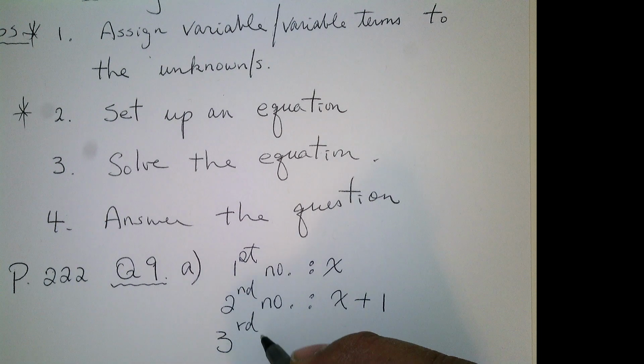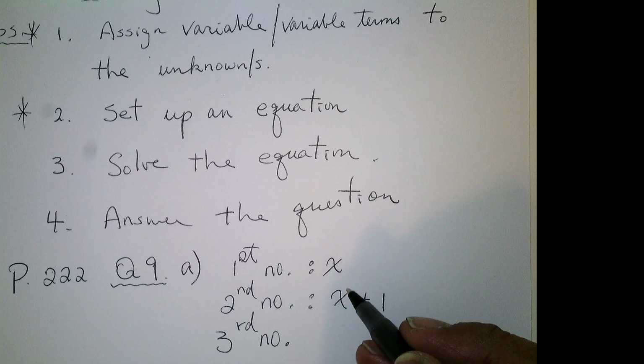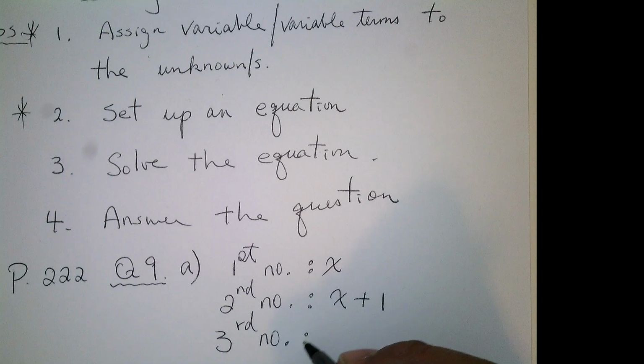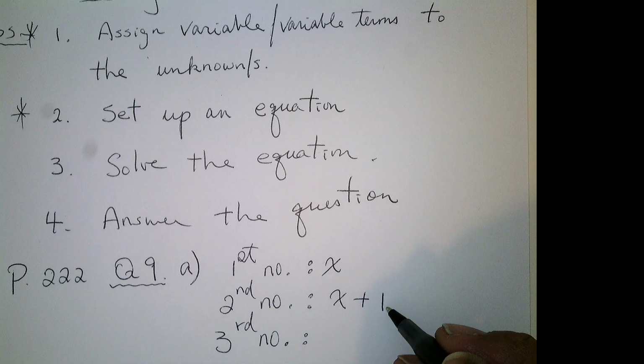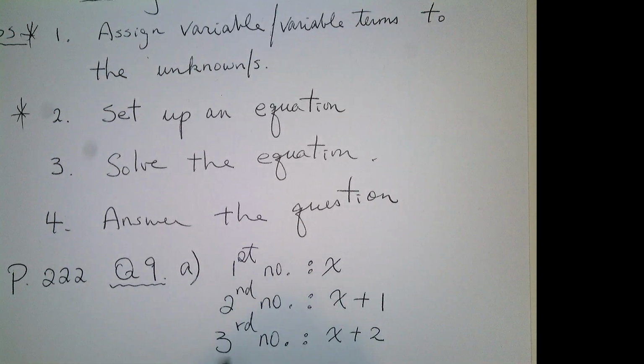Consecutive number means for any 2 successive numbers, the difference is always 1. So for example, the third number, I add 1 to x plus 1, so I get x plus 2. So that's step 1.